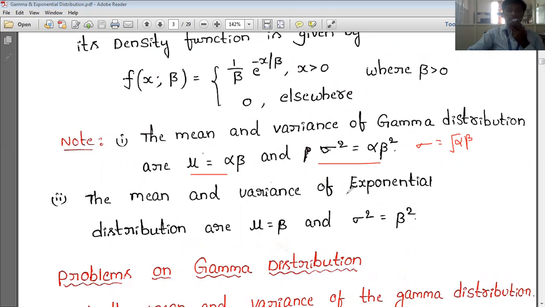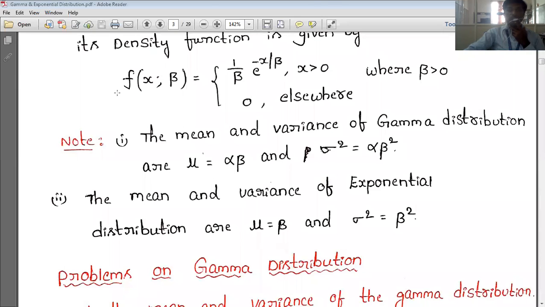And obviously for the exponential we will get it if we know the gamma distribution, simply by substituting alpha as 1. So that's why here we got beta, and here it is beta square. Okay, so that one we are going to prove now. Our mean we said is alpha beta and variance we said is alpha beta square. So we are going to prove it here.